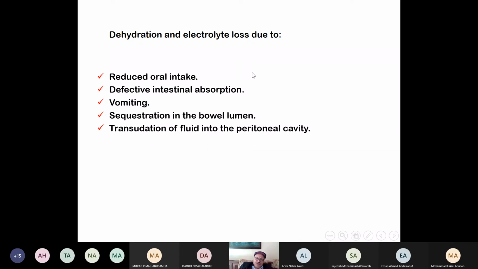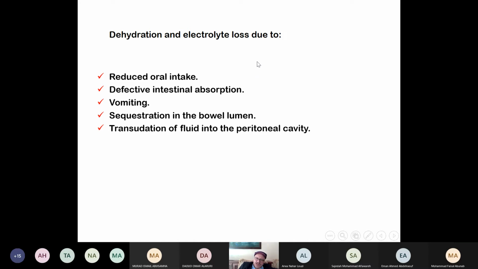Accordingly, you have more congestion and decrease in the function of the wall, and the intraluminal pressure ultimately will reach the arterial pressure, and the intestine will become ischemic. But this process will take some time because the lumen is having the capacity to dilate and accommodate.